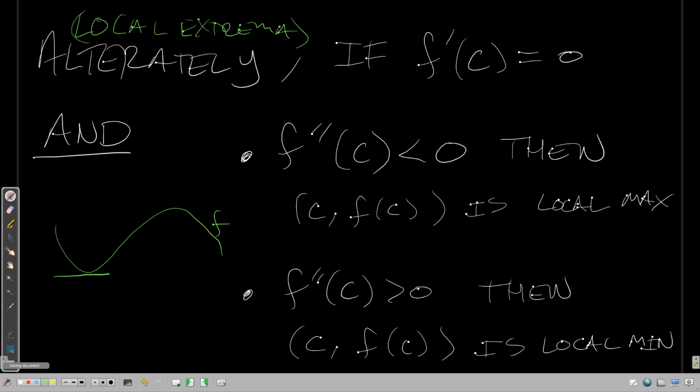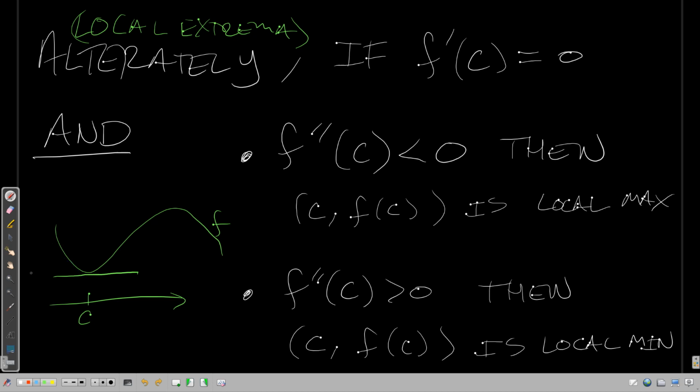I have to know that the tangent line goes horizontal right here at C. And I also have to have that it changes from decreasing to increasing, or it either changes from, sorry, I'm screwing up.